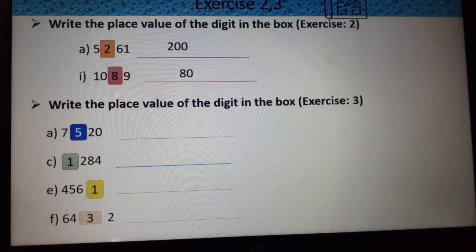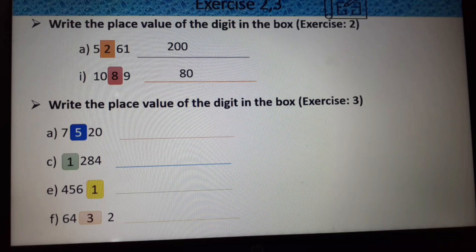Then go for the next page, turn to page 98. Okay, can you see? Ramisa, A number 7520. Here the highlighted one is 5. So we have to know the place value of 5. Say it again all together. 7,520.